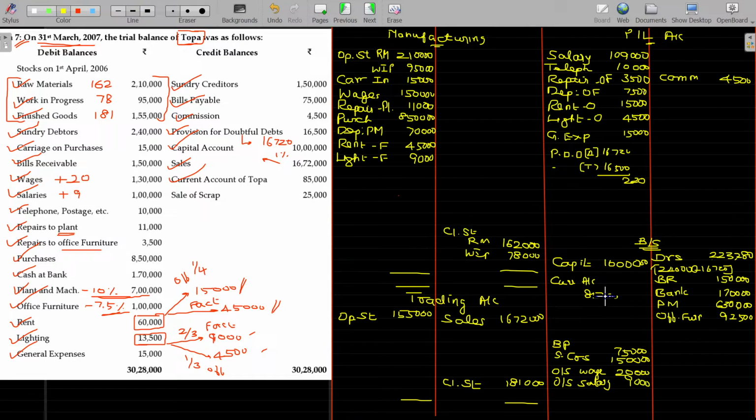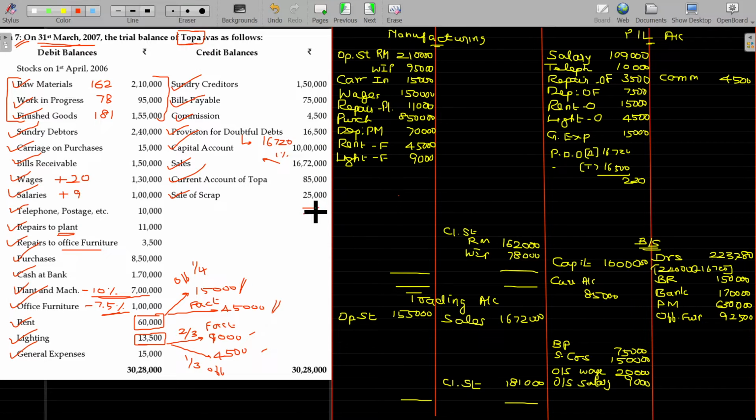This is not only for partnership, it is applicable for a sole trader also. Here TOPA, being the owner, says that I invested 10 lakhs, you keep it separately. Subsequently, I may introduce some additional money or withdraw some money now and then, or any profit and loss may also be routed through that current account. In such a way he can maintain a separate account. Here that separate account is named current account, that value being 85,000.